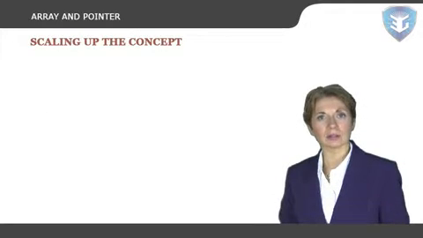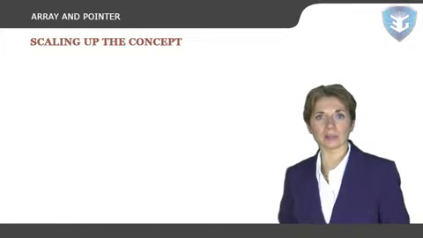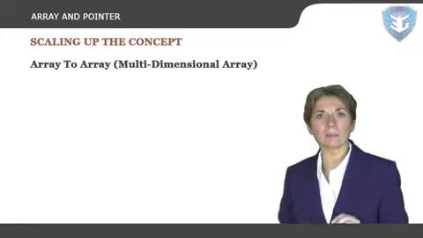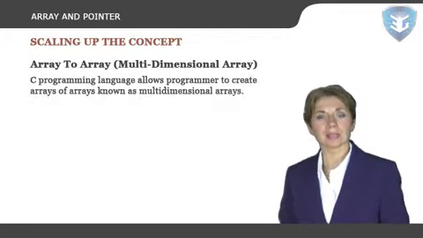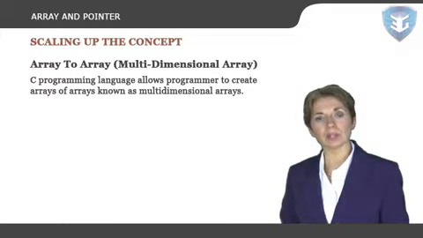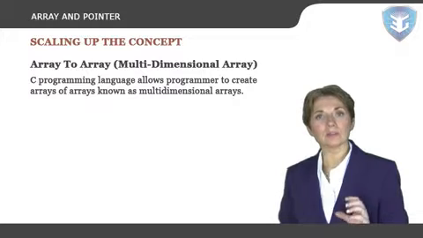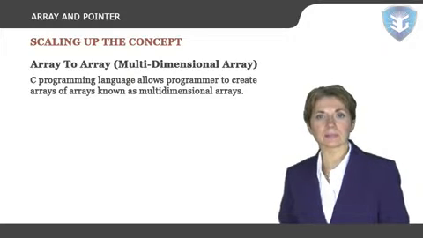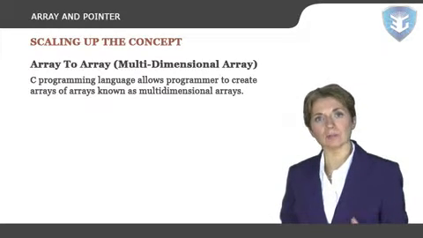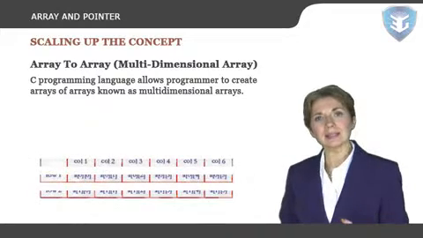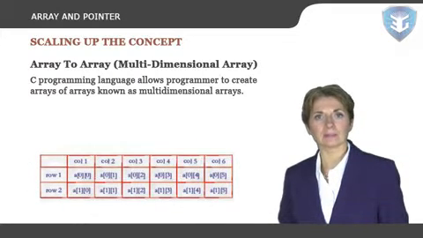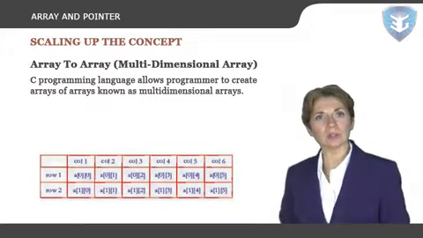Let's now take a look at scaling up the concept array to multidimensional array. C programming language allows the programmer to create arrays of arrays known as multidimensional arrays. For a better understanding of multidimensional arrays, let's see an example on the screen. Here is an array of 2 dimensions, which is an example of a multidimensional array.